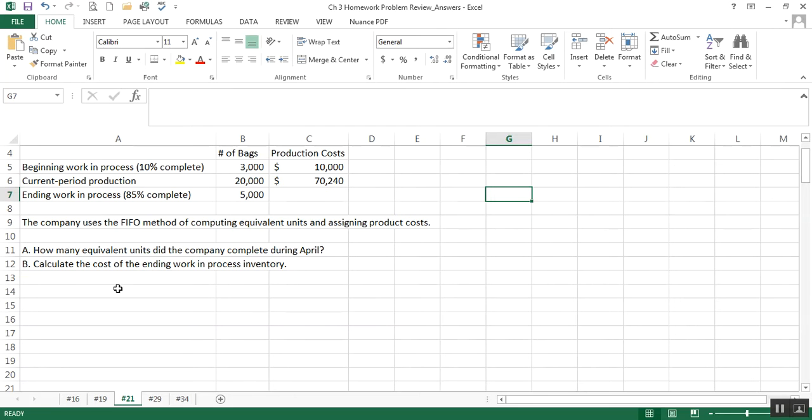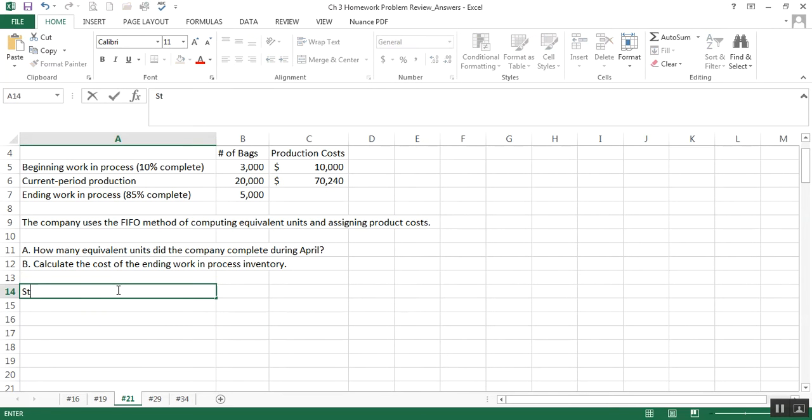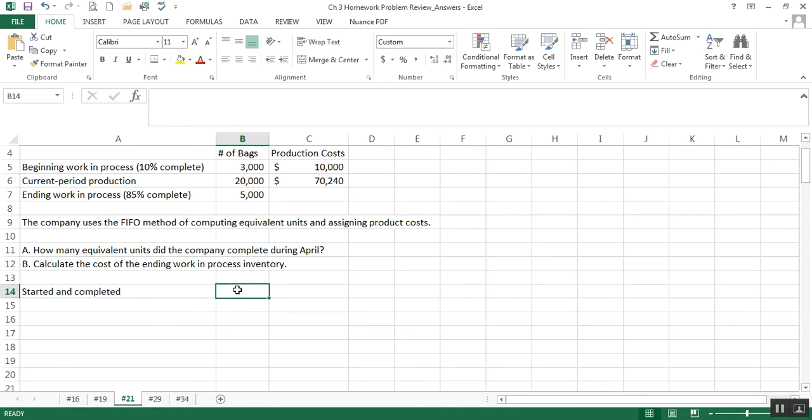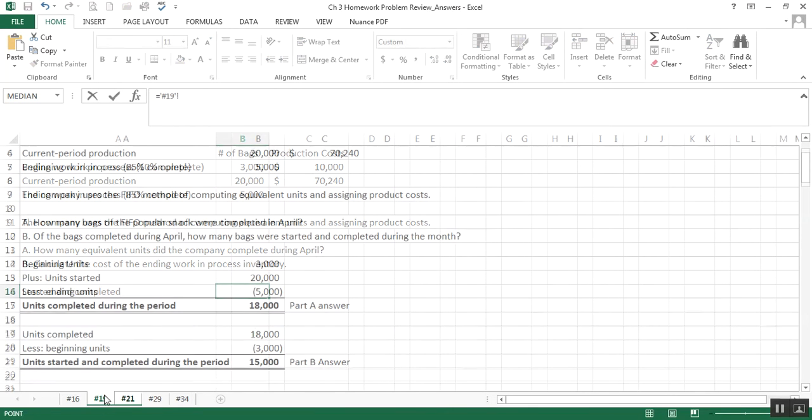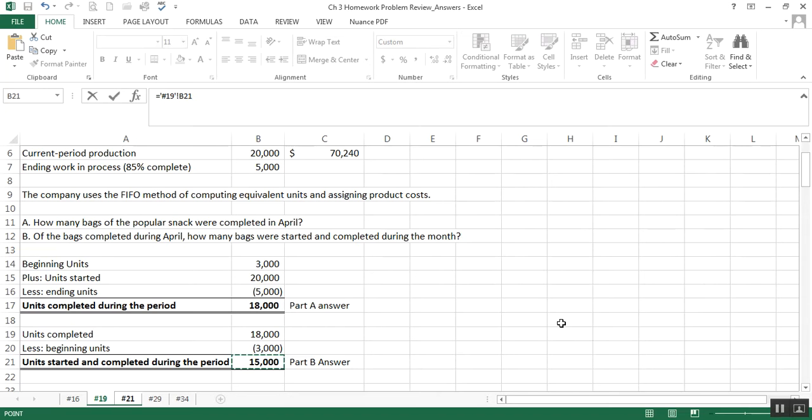So we know from number 19 that the company started and completed 15,000 bags, which is what we calculated here.